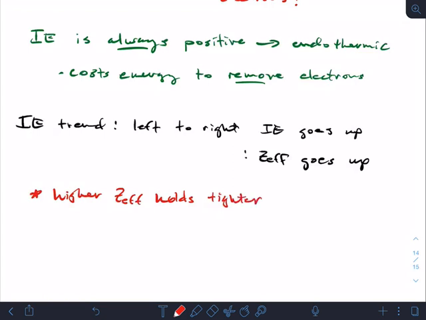Higher Z effective holds tighter. So remember, the idea is that ionization energy is the energy that it takes to pull something off.